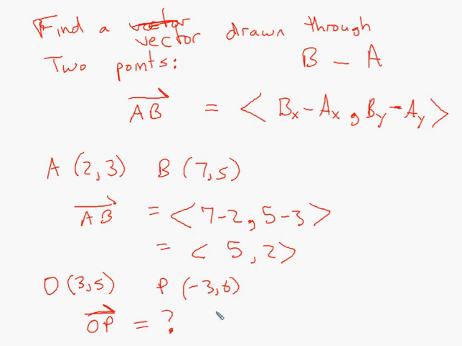All right, what's vector OP? Yep. Negative 3 minus 3, and 6 minus 5, so it gives us the vector negative 6, 1.